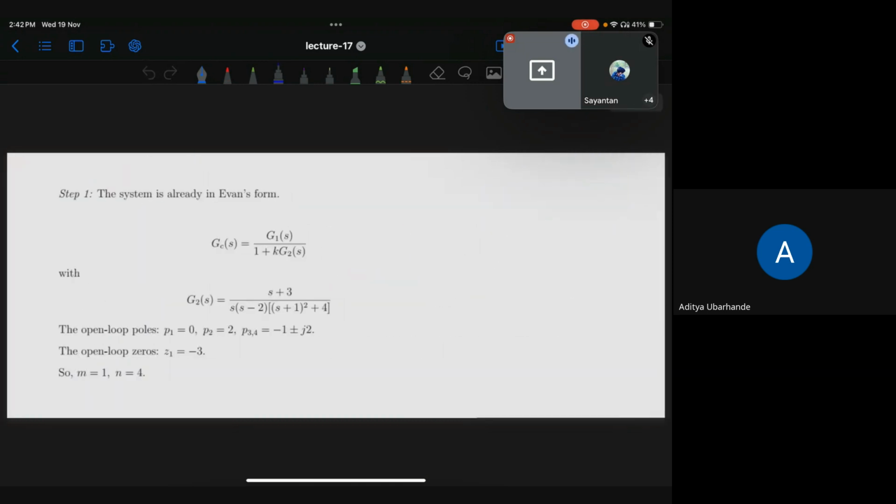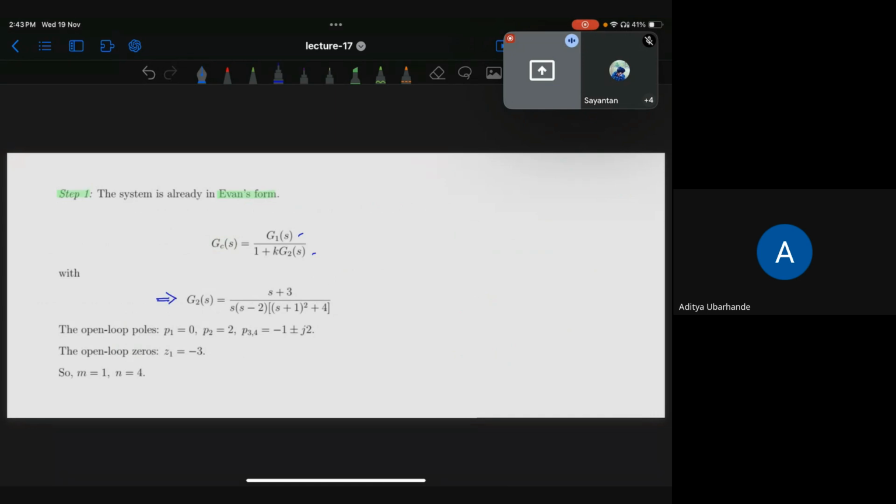From this expression, we will start with step one. In step one, given the closed loop transfer function, we keep it in the Evans form. Evans form is something like this: the closed loop transfer function Gc(s) as G1(s) divided by 1 plus k G2(s).